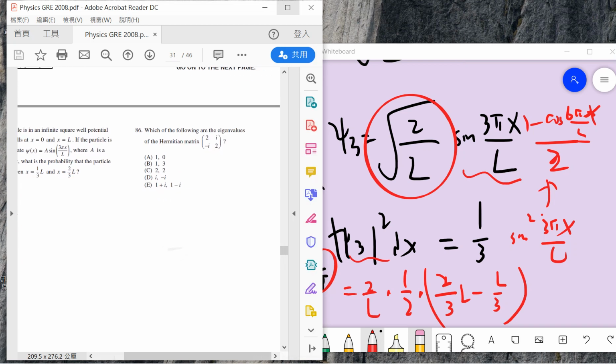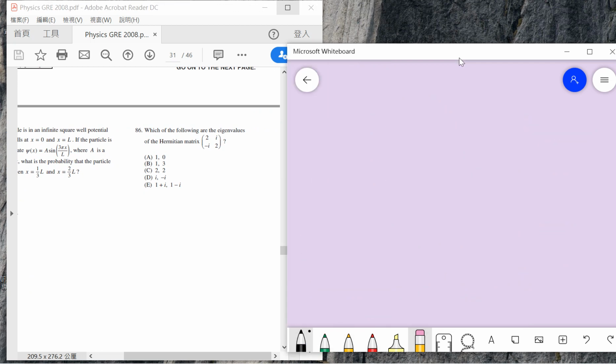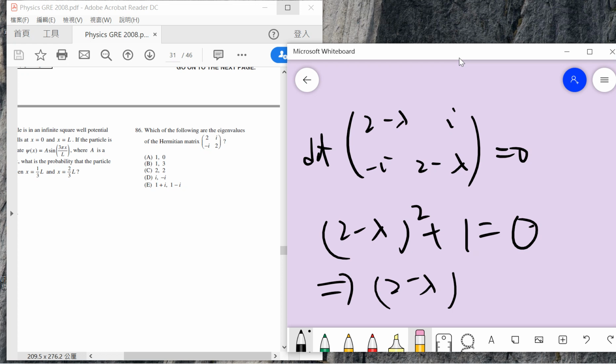Okay, so 86. Which of the following are eigenvalues? Oh, come on. This is just standard linear algebra. Nothing special. The determinant is 0. So you have this one. It should be minus 1. This is minus i squared, so it's minus 1, right?